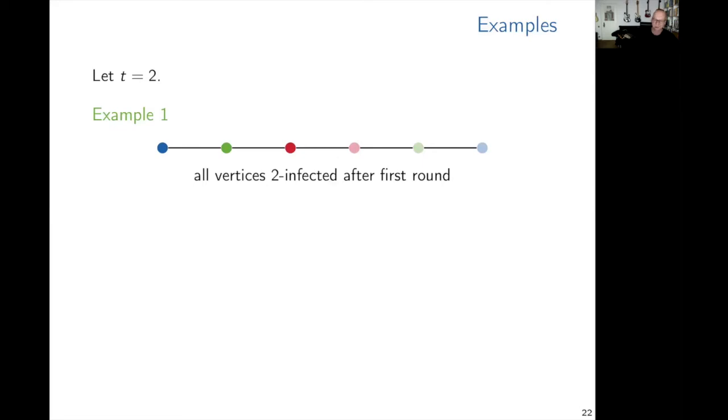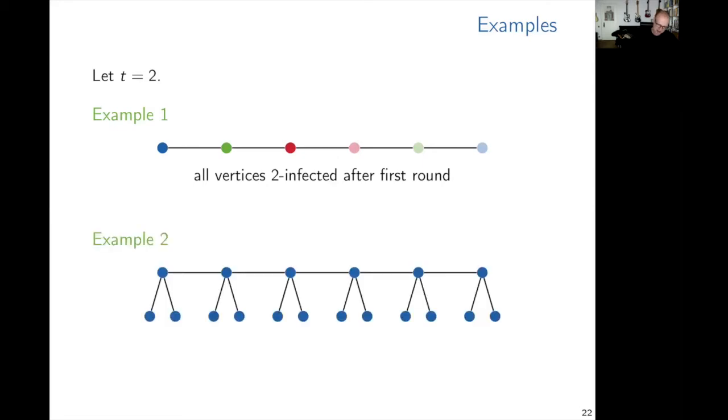Okay, second example, slightly more complicated. We start by running color refinement. So now on the path we still have 3 color classes, the same we had before, but then these feet attached to the path also get their own colors. Okay, so now the color classes of size 2 we individualize.